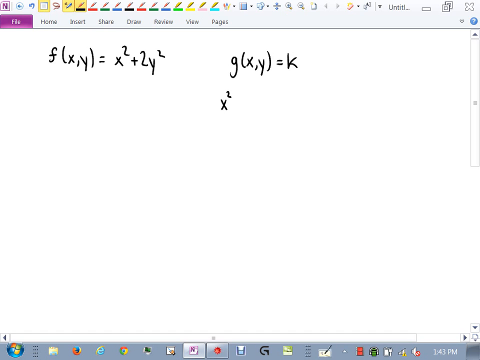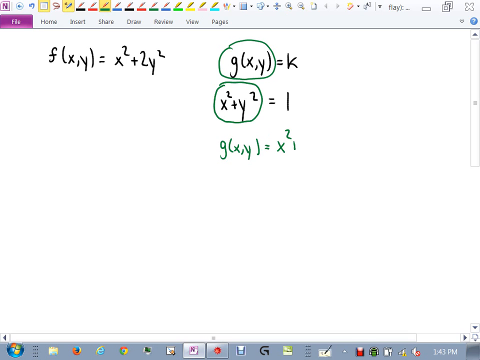That's this equation, x squared plus y squared equals 1. Agreed? So then what's g of xy? It's the left side, right? That's the part we're going to call g of xy. So g of xy is x squared plus y squared.